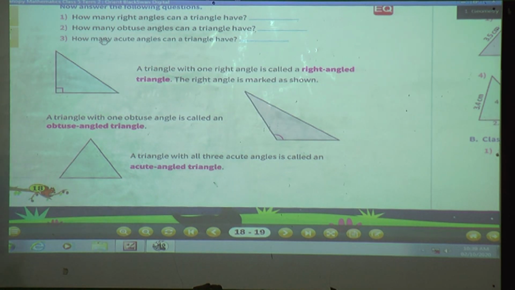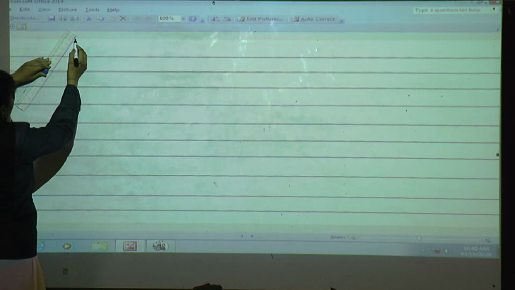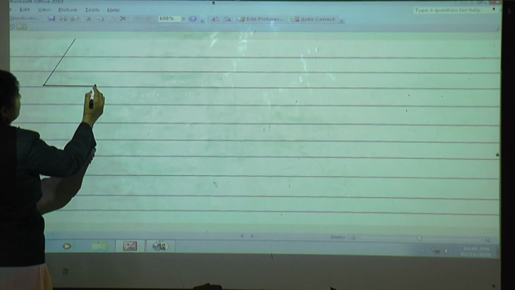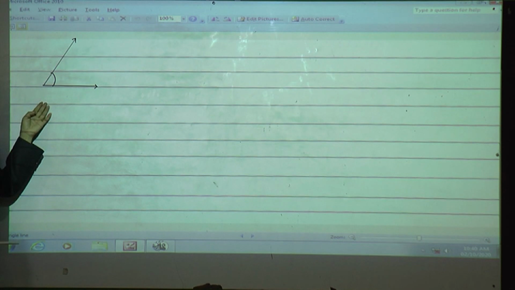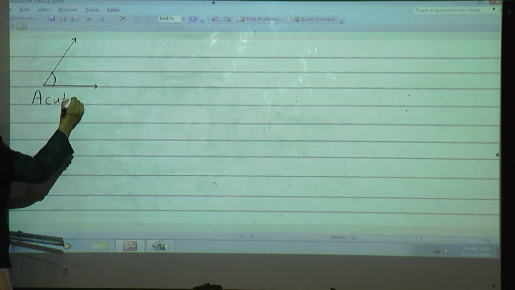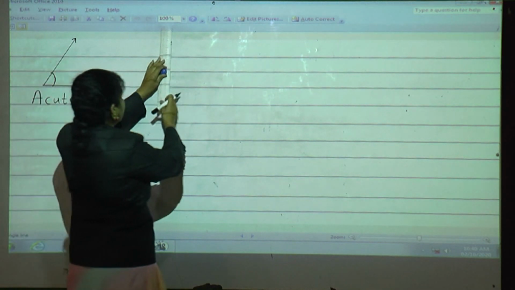See students, will you tell me? Which type of angle is this? Yes students, this is an acute angle. Very good. This is an acute angle. And tell me this one.